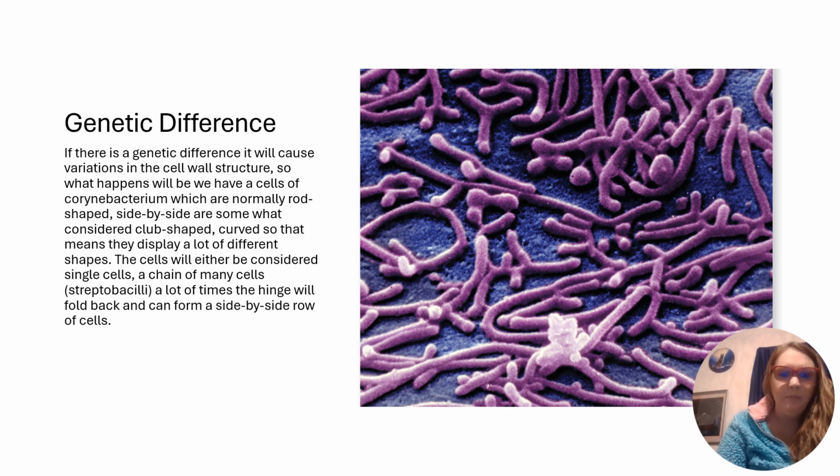So what happens is we will have a cell of Corynebacterium, which are normally rod-shaped, side by side, and they're somewhat considered club-shaped. So that means they display a lot of different shapes. The cells will either be single cells, a chain of many cells, streptobacteria. A lot of times the hinge will fold back and can form a side-by-side row of cells, which is demonstrated in the diagram.